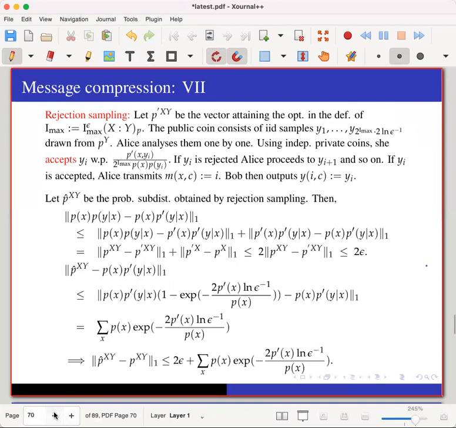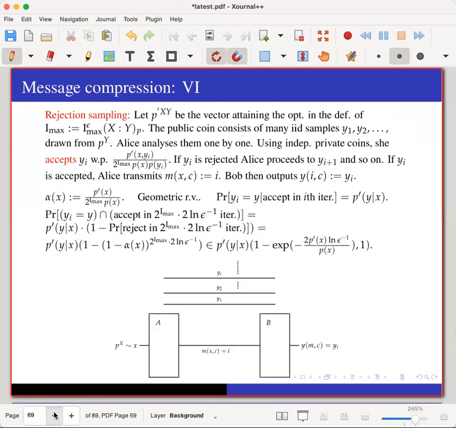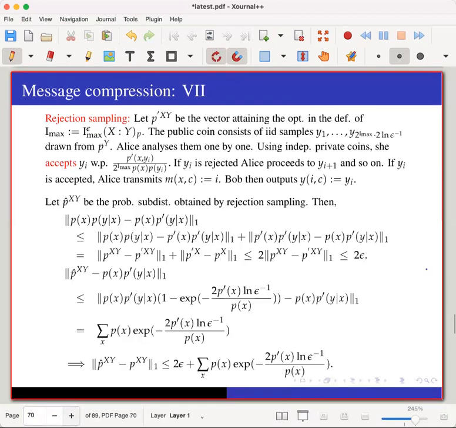Indeed, P prime is within epsilon of P. The aim of rejection sampling is to achieve P prime of Y given X. But then there are errors. I'm only using a finite number of copies of the public coin, so there's a probability that I reject in all iterations. All these errors add up, and when they add up, I get 10 epsilon. And that calculation is somewhere out here.